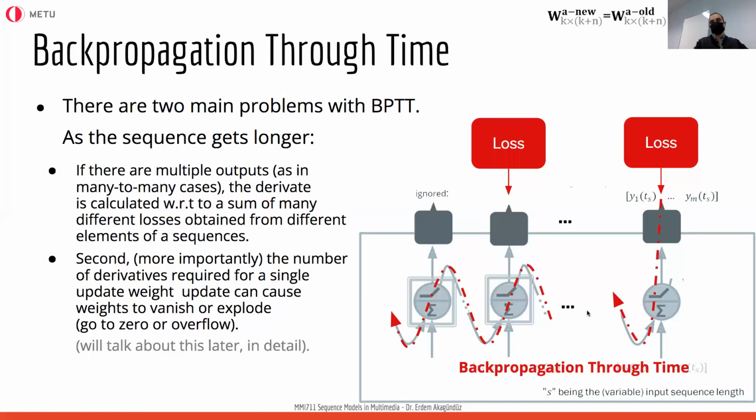So different losses will go over the weights. Well, this is not a problem, but this could make the training a bit difficult because you're updating these weights using this loss and this loss, but you're updating these weights using only this loss. And actually they are the same weights.